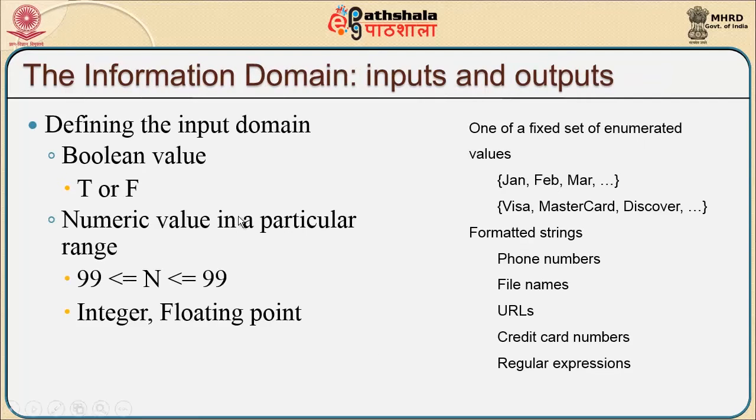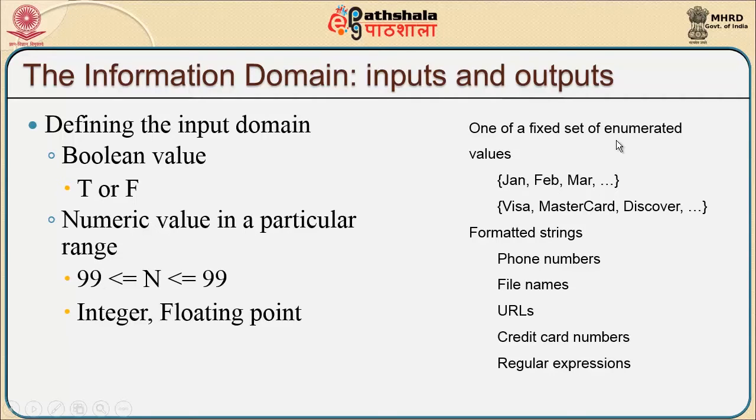Let us try to understand with a simple example where I am trying to give an input domain. For a Boolean-like problem, you may have to mention it as either true or false. Apart from this, we may not have any other constraint to be specified. If it is a numeric value in the range -99 <= n <= 99, it can be an integer or floating point, so every check that we do should be within this range.